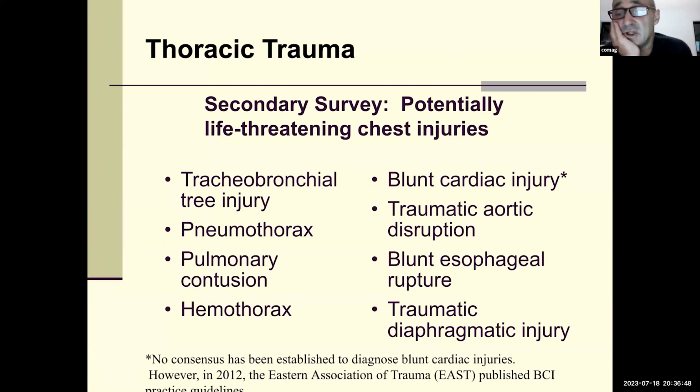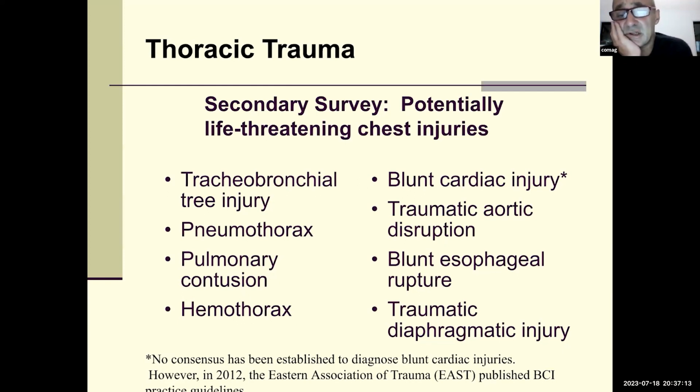Pulmonary contusion is ubiquitous and will get worse over 4 to 7 days. That is the one in the ward that dies silently. Hemothorax, if you can see it, we think about draining it. You need to lose about 400 mils into a chest to be confident of seeing it. So it's a fair whack of blood.